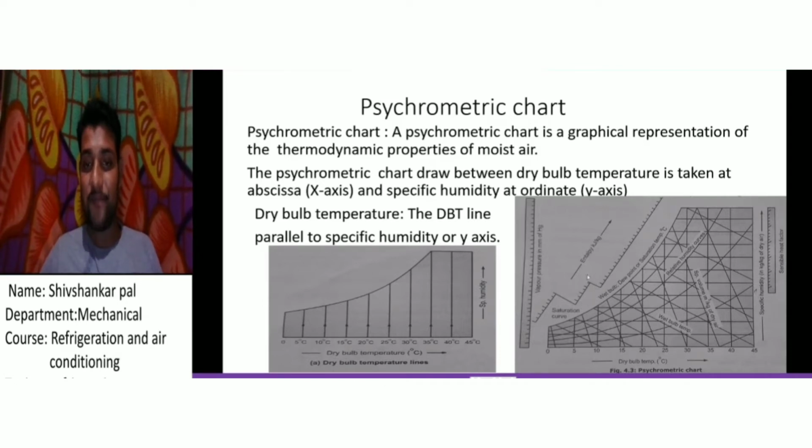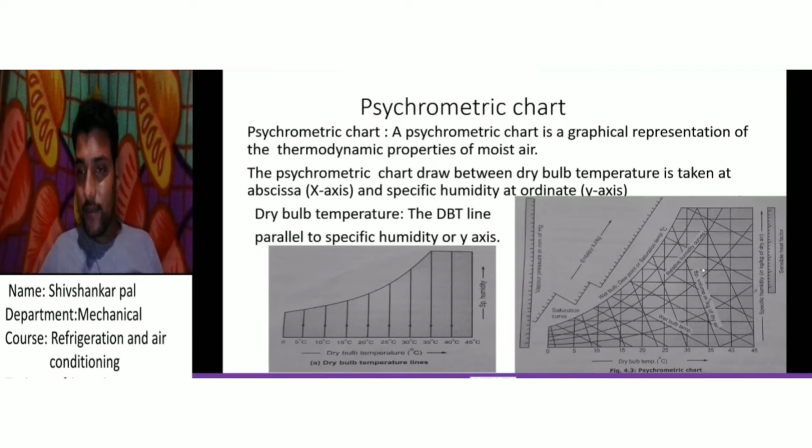Second, the relative humidity is represented by the curves drawn parallel to the saturation curve. The lines making an angle with the dry bulb temperature line show the specific volume, in meter cube per kg of dry air.